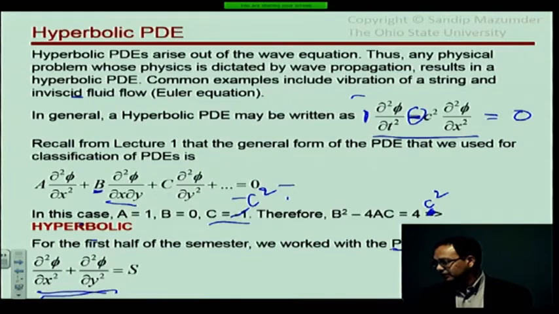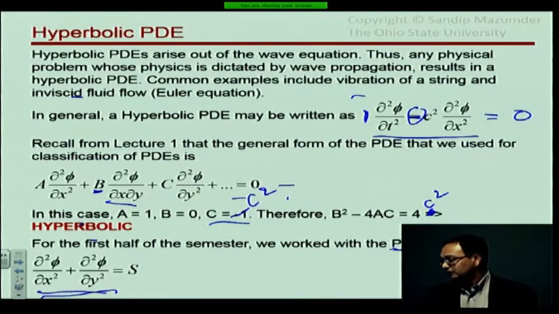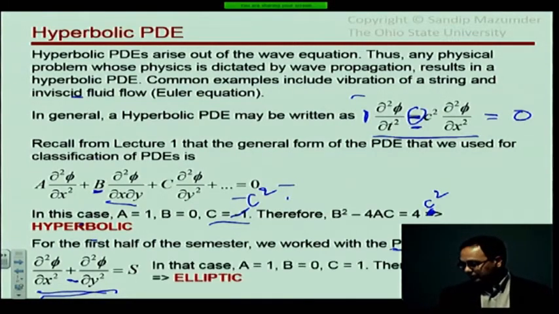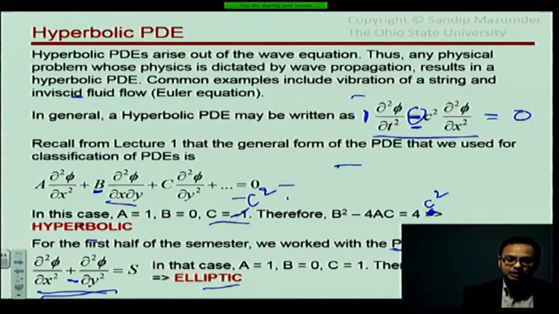If you set c squared equal to 1, the only difference is here you have a minus sign, here you have a plus sign, and just by doing that, this becomes hyperbolic and this becomes elliptic. If you do the same comparison, here you will find that b squared minus 4ac is minus 4, which makes it elliptic. So just by changing one sign, you've changed the type of partial differential equation it is.